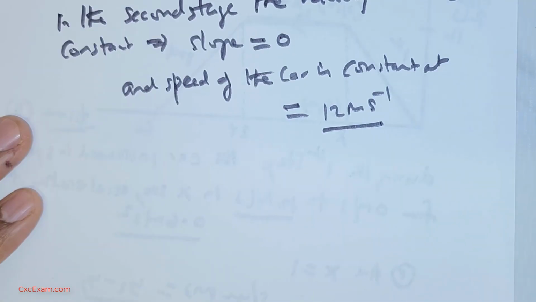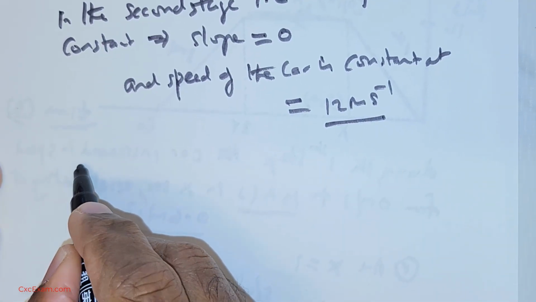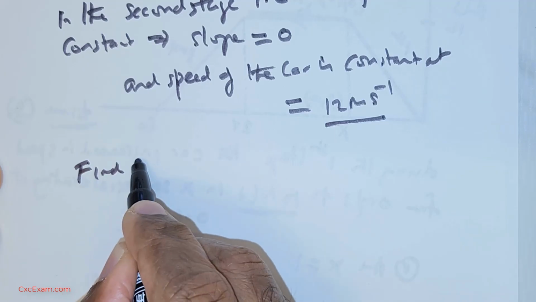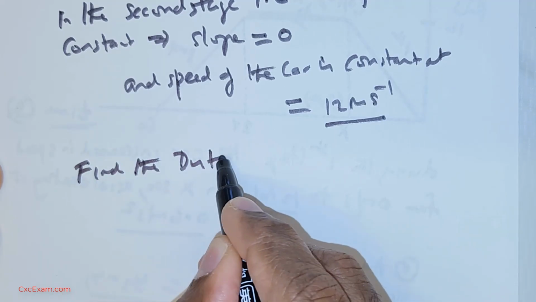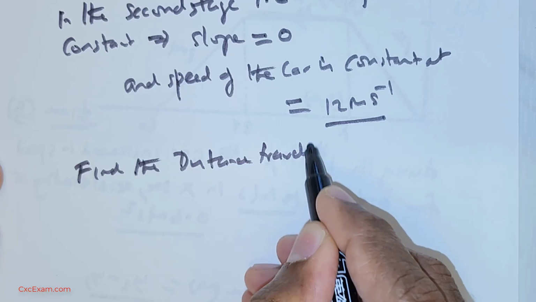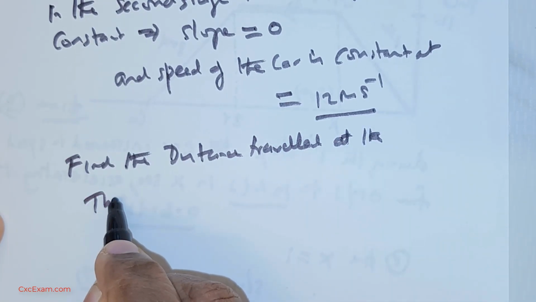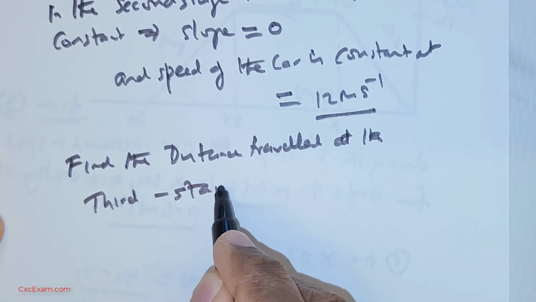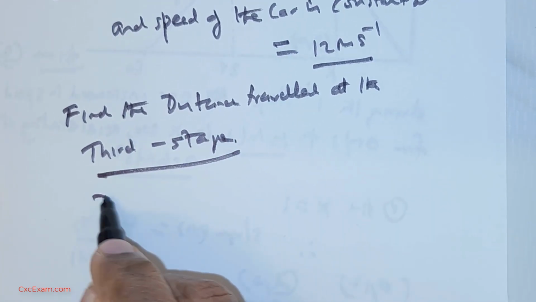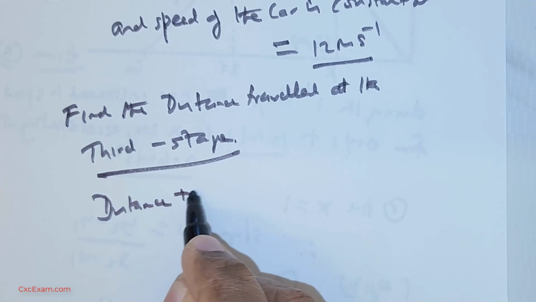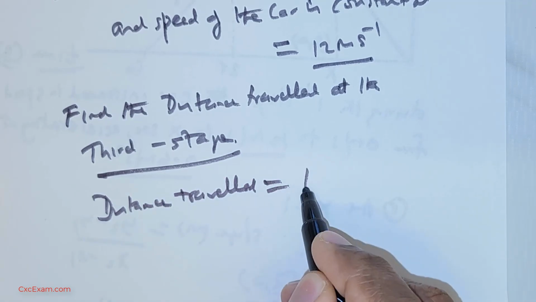Okay, now this is the final part. They are asking us to find the distance traveled at the third stage. Now distance traveled is given by area.